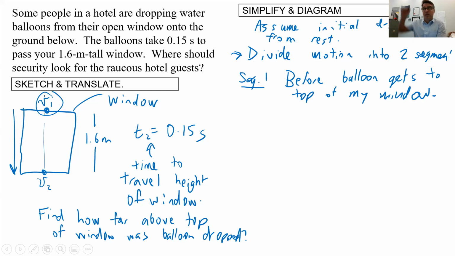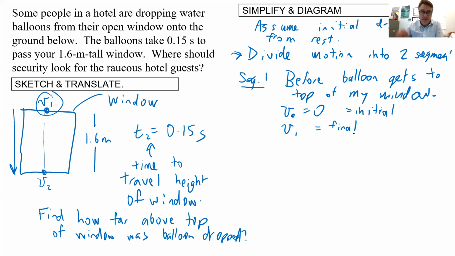And it got that speed because it was falling from rest from somewhere way above me. So V initial for segment 1 is 0, and then the final speed is V1. That's the final speed of that first segment before it gets to my window, and that's going to be the initial speed for the second segment.